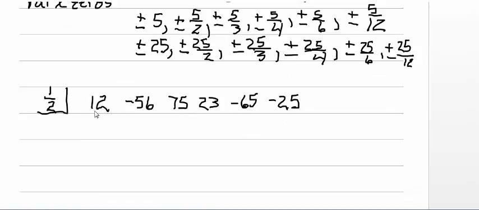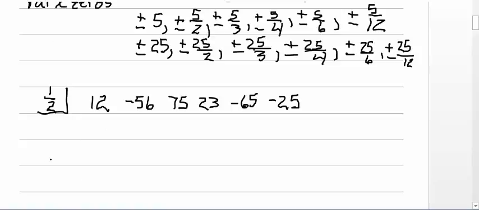Let's look at our possibilities. Let's check 1/2 as a 0 using synthetic division. Here are the coefficients of my polynomial. You would want to make sure this is a 5th degree polynomial, so you need 6 coefficients.